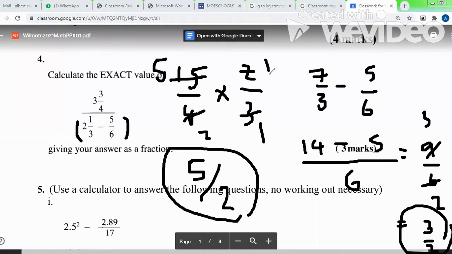Remember, 2 into 2 goes 1 and 2 into 4 goes 2. So the 2 times the 1 goes down here. It's already an improper fraction. You can make it a mixed fraction if you want to. That's 2.5, right? 2.5, yeah.